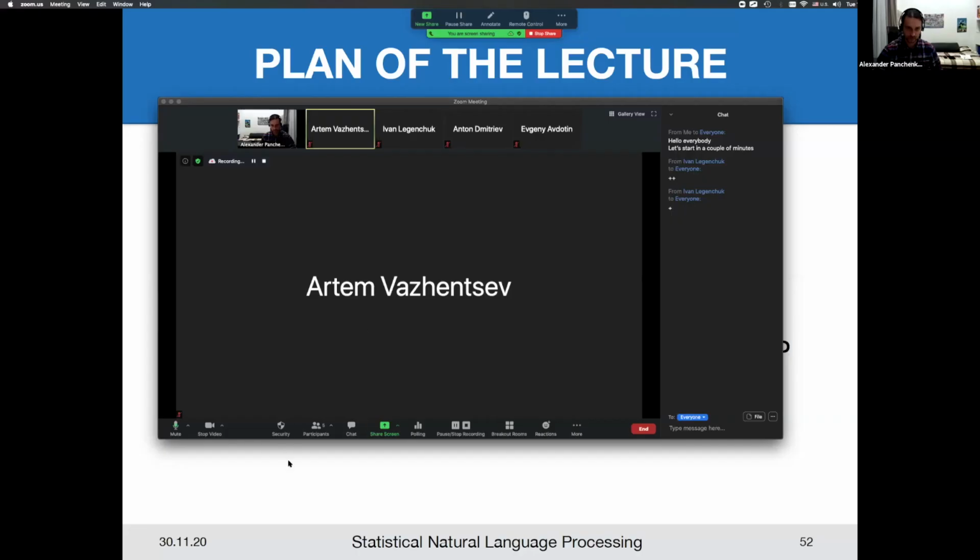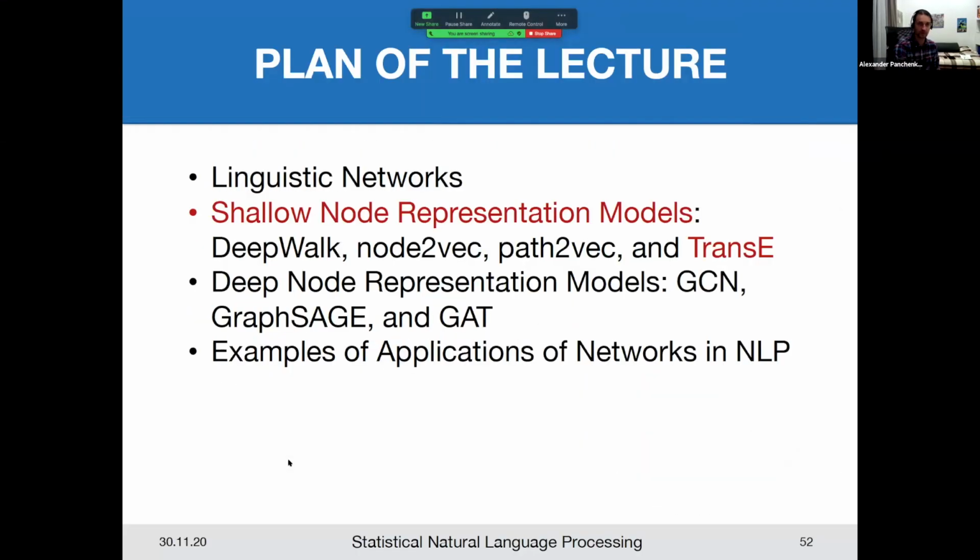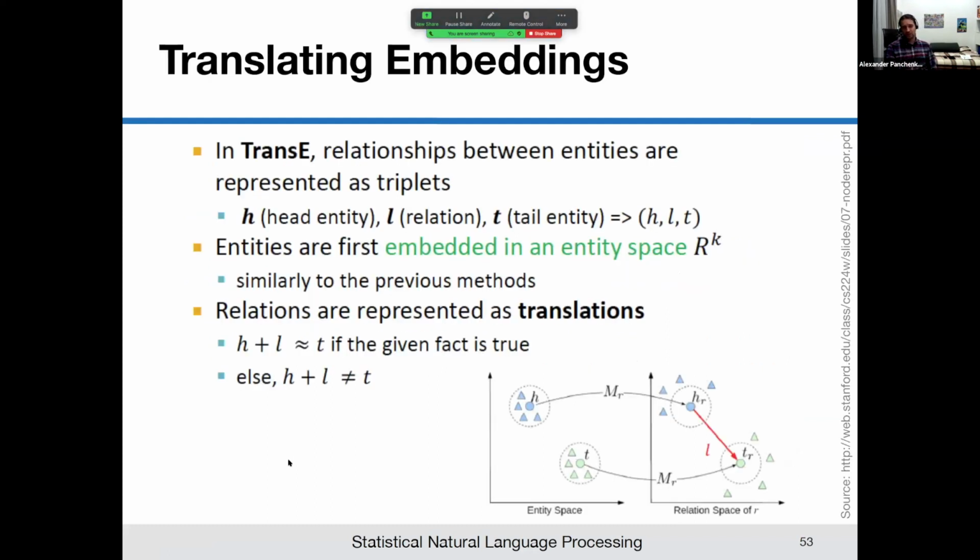Okay, so I will try then to quickly finish with yet another approach, and then we will have a small break. The last approach is TransE, and the difference of this approach is that it takes into account not only binary relations, but also the fact that graphs can have different relations.